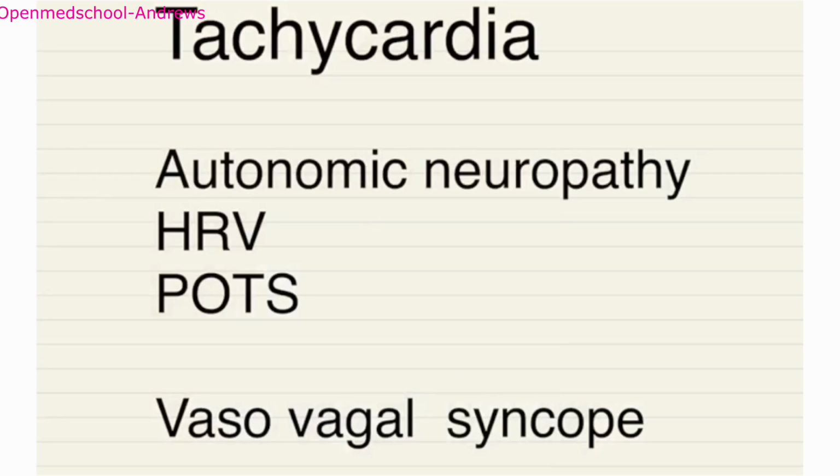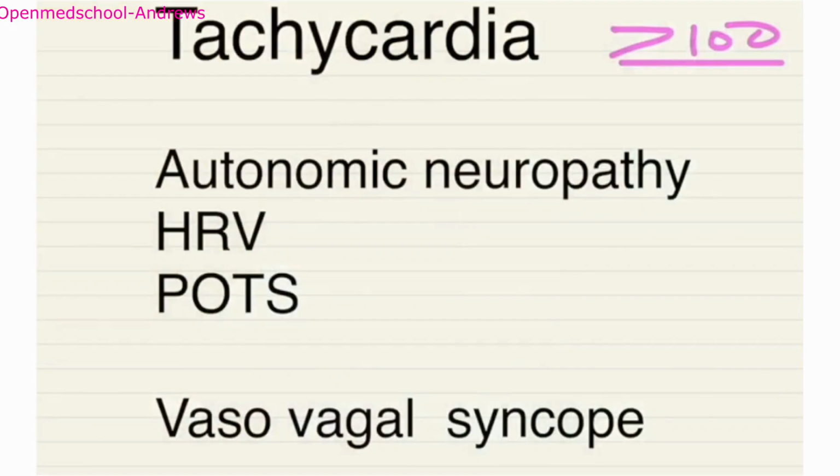Now we look at the increase in heart rate, that is tachycardia. Rate more than 100 is called tachycardia. Again we are talking about sinus tachycardia: any condition that increases the sympathetic activity, like beta 1 stimulants, anxiety, hypothyroidism, pheochromocytoma, can lead to tachycardia.